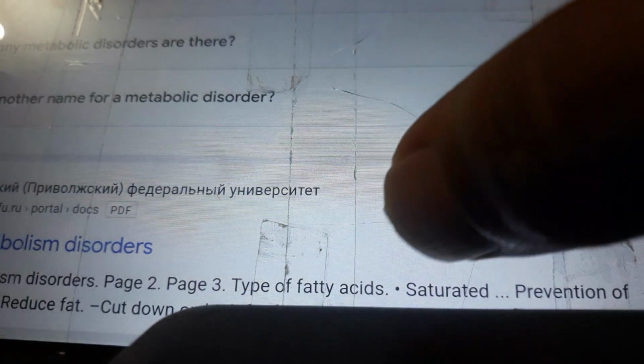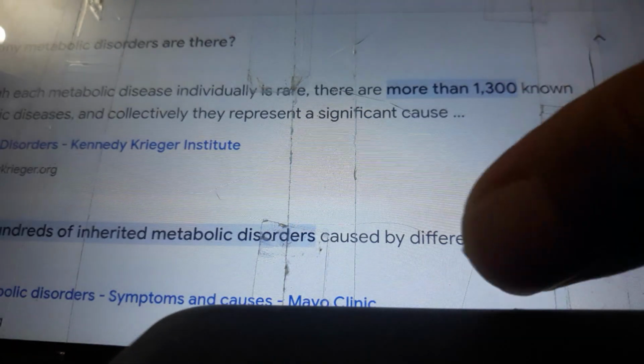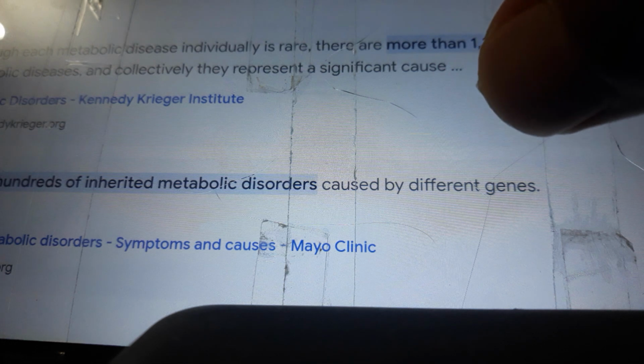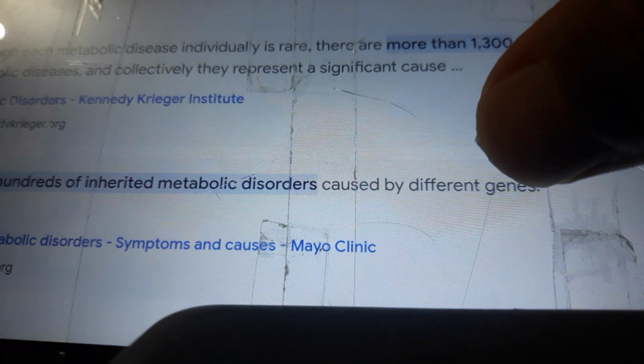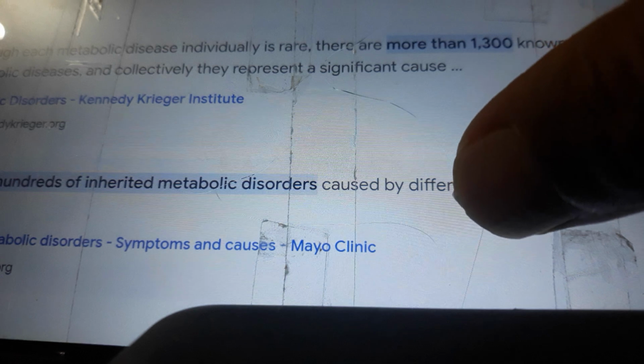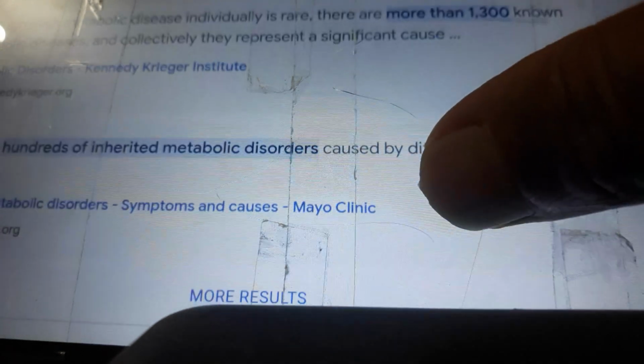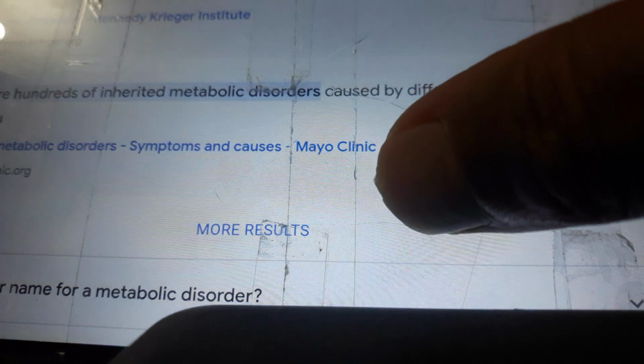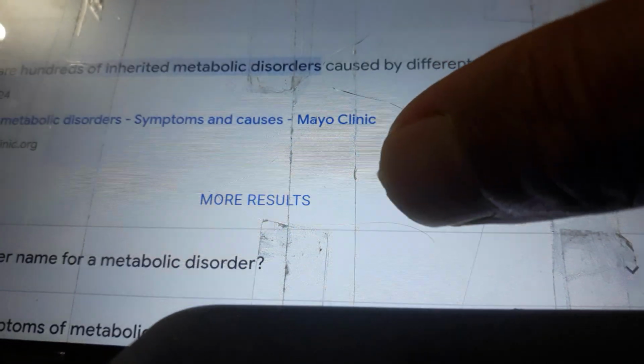How many metabolic disorders are there? Although each metabolic disease individually is rare, there are more than 1,300 known metabolic diseases, and collectively they represent a significant cause. There are hundreds of inherited metabolic disorders caused by different genes.